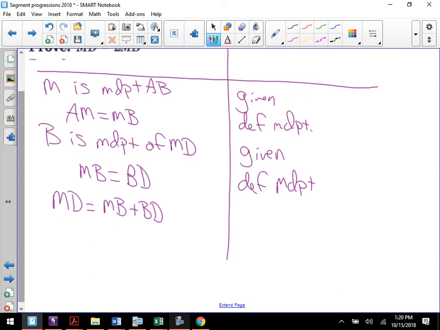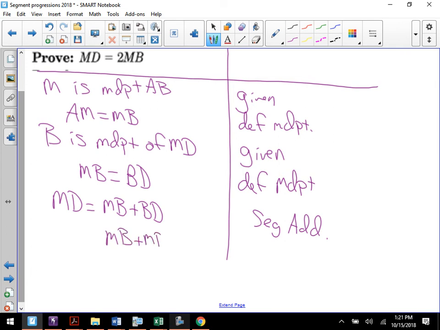Segment addition. Now, I know I'm running out of time, but what do you know about MD and BD? They're equal. Since I have to talk about two MDs, what do I do here? Substitution.